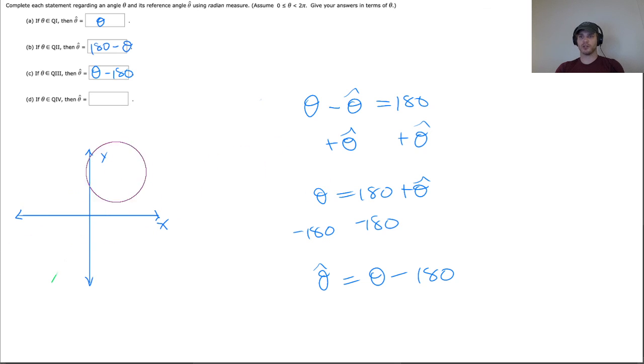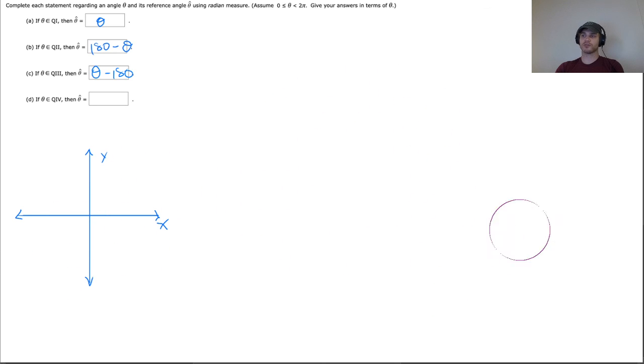And the last one is if our angle theta is in quadrant 4. So we'll draw an angle in quadrant 4 somewhere in here, which means that this big angle is theta. And our reference angle, theta hat, is to the closest x-axis, which is here.